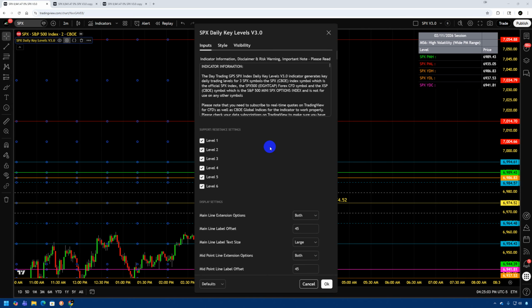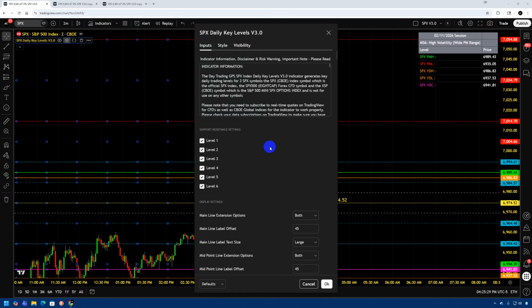Now, one of the other things that we had to take out of the V3.0 indicator, which is still in the V2.0, is zone shading. Most people, at least from the feedback that we got, did not feel that zone shading was something they used very much.